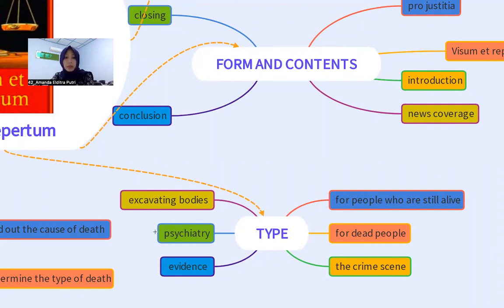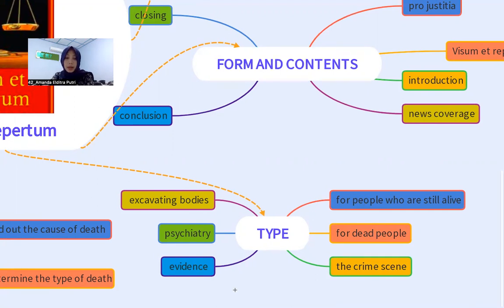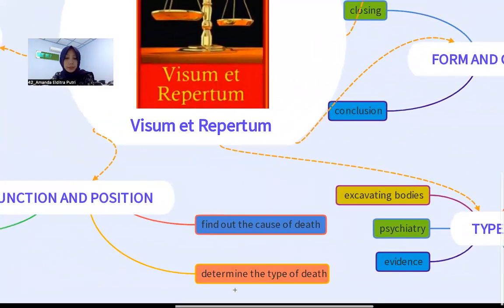Visum et Repertum psychiatry, for a defendant who at the time of examination at trial shows symptoms of mental illness. 6. Visum et Repertum evidence, to find evidence related to a crime.